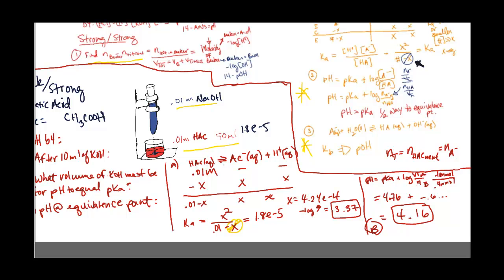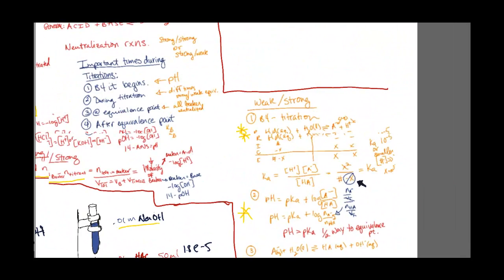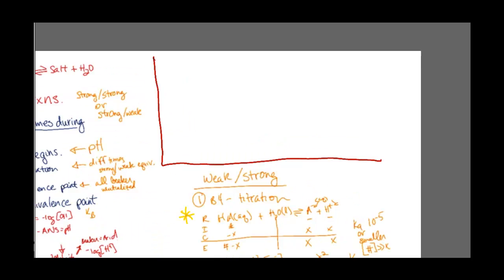Alrighty. Next question says, what volume would we need to get pH equal to pKa? Alright, so that's halfway to the equivalence point. I'm going to do that one up here. Let's zoom in so I can get a little bit more space out of the whole picture. So for pH to equal pKa, that's halfway to equivalence point.